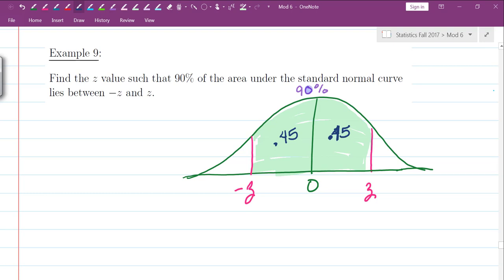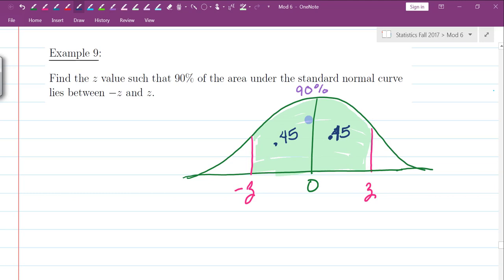Now I know that on the left-hand side of my bell curve, on my standard normal, half of it is equal to 0.5.